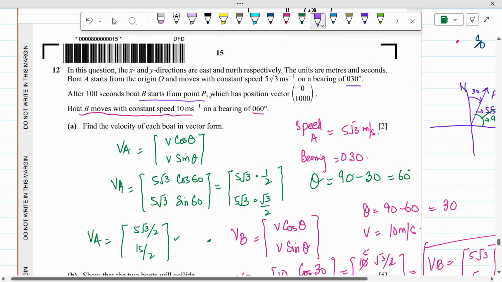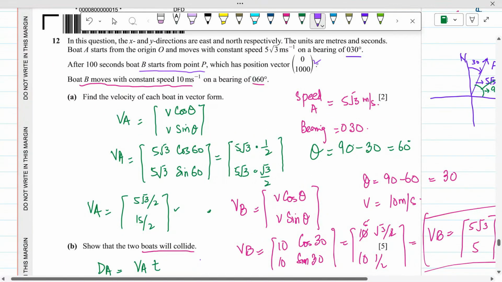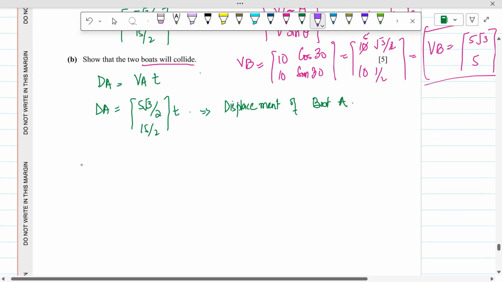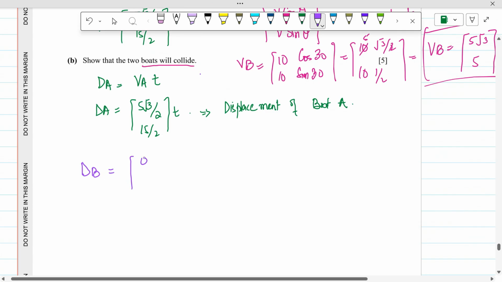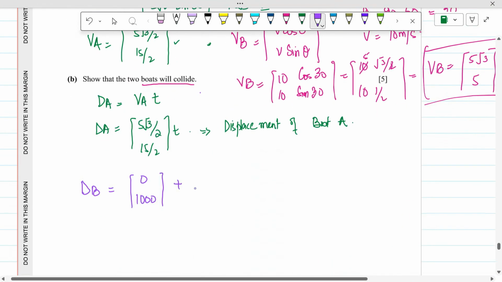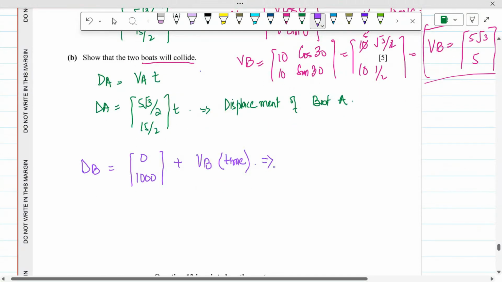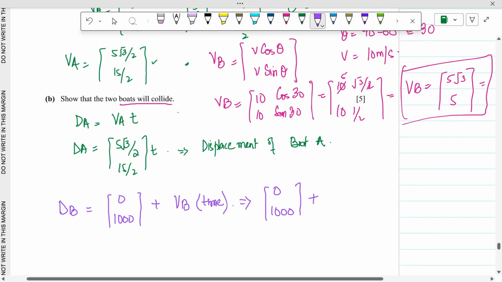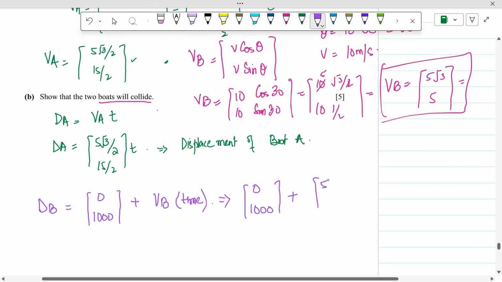Boat B starts from the point (0, 1000), and from this point P its speed is 10 meters per second with bearing of 060. So we can say that the displacement of B is equal to the starting point (0, 1000), which is the initial point, plus the velocity of B multiplied by time. The velocity of boat B we just calculated is (5√3, 5).